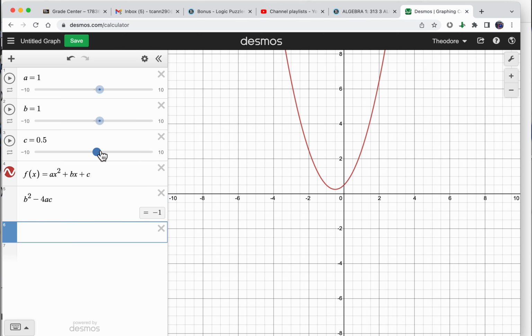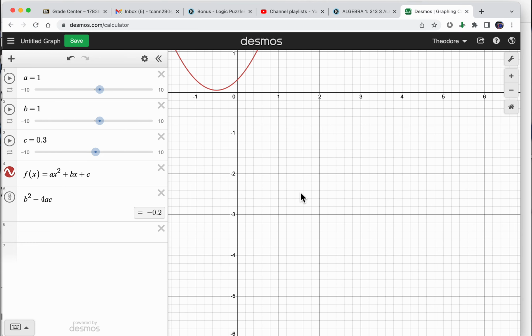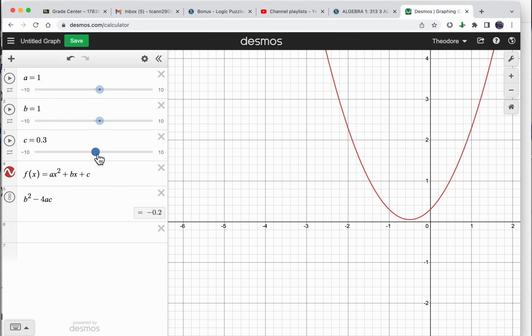Now if I tweak it so that it crosses the x-axis, you notice how the discriminant value goes from negative. I don't think I'll ever quite be able to get it to land on a 0, but at some point there is a point where it would just touch the x-axis, but I don't think I'm dexterous enough to get there.